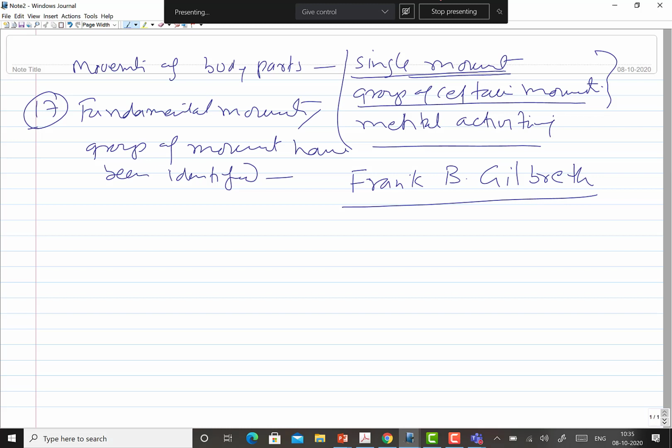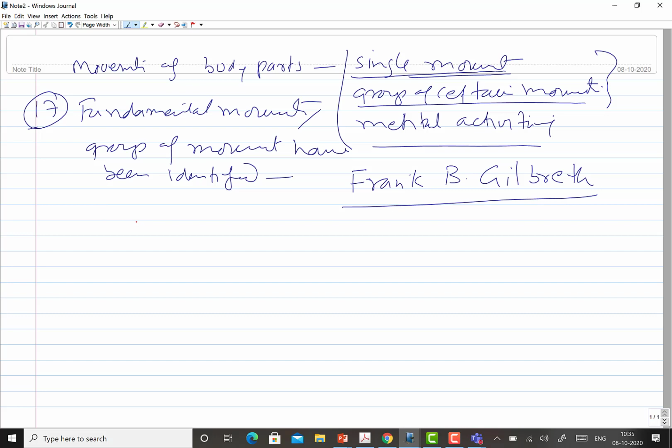These fundamental movements or groups of movements are called therbligs, which is the surname Gilbreth spelled in reverse order.